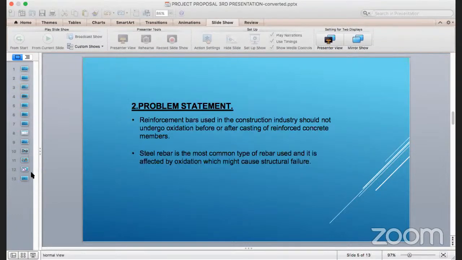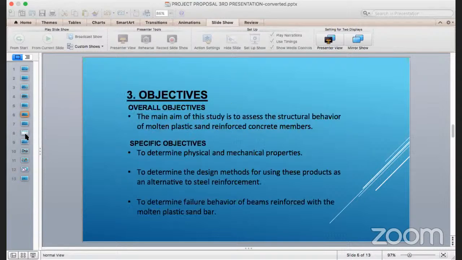Problem statement: reinforcement bars used in the construction industry should not undergo oxidation before or after casting of reinforced concrete members. Steel rebar is the most common type of rebar used, and it is affected by oxidation, which may cause structural failure. Objectives.